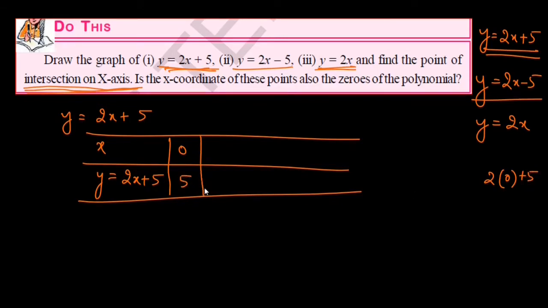Let us say x is equal to minus 1. So here minus 2 plus 5, y is equal to 3. Let us say x is equal to minus 2. Then y becomes 1. Let us take x is equal to 1. y is equal to 7.